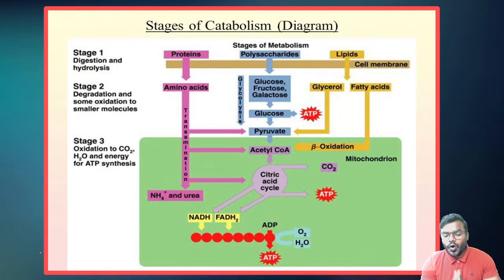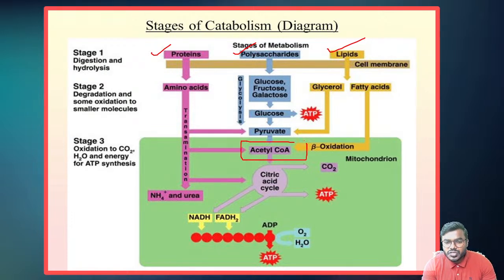Friends, now what is the most common statement I want you to understand here? Whether it is a protein, a polysaccharide, or a lipid, what's the common point you have to understand? All these three molecules, understand my words correctly, are finally giving rise to what, friends? Acetyl CoA only.